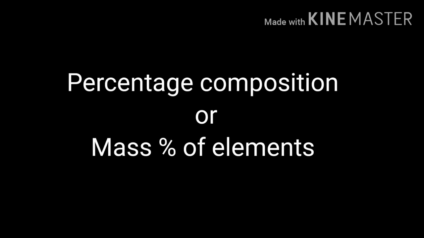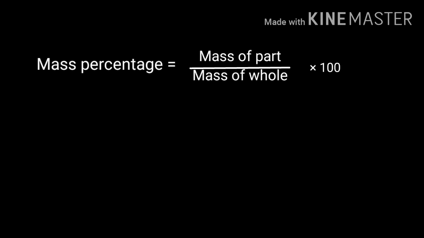This is possible by finding the percentage of a particular element present in that compound. As you all know, mass percentage is equal to mass of part divided by mass of whole into 100.